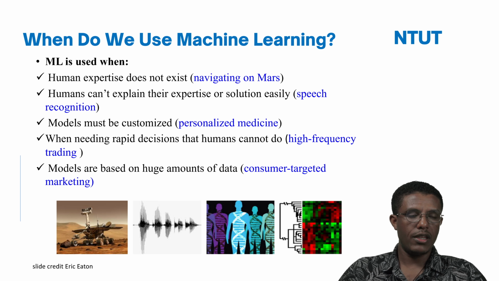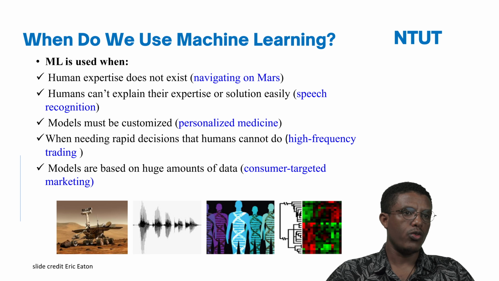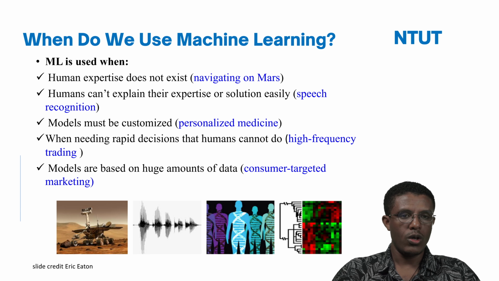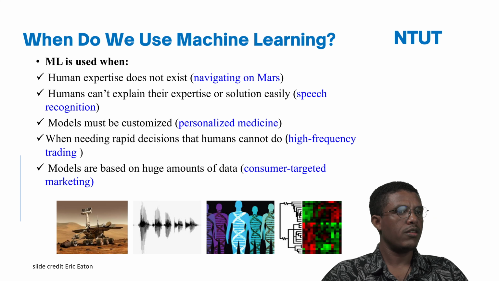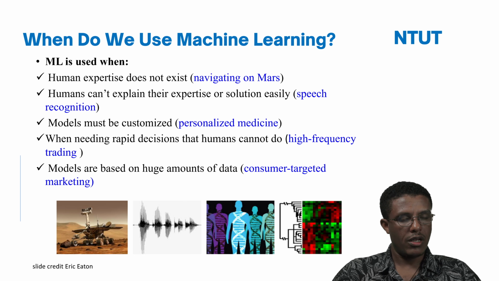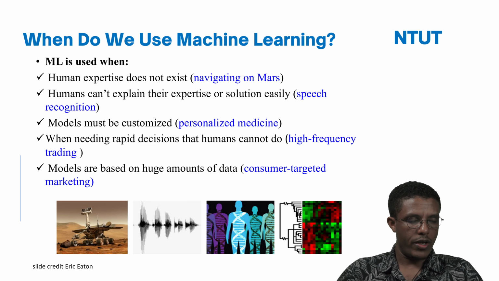For example, navigating on Mars. On Mars, it is difficult for human beings to go there and analyze things. So in those places, machine learning is the method that covers the human tasks. That means human expertise does not exist there. Instead, we can use different models to analyze the data, the environment, or the tasks that happen there. So this is one way.